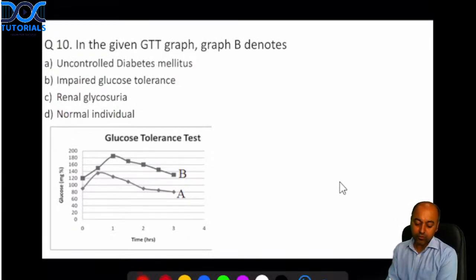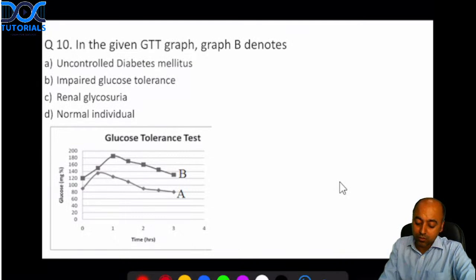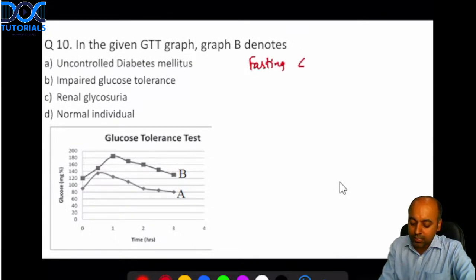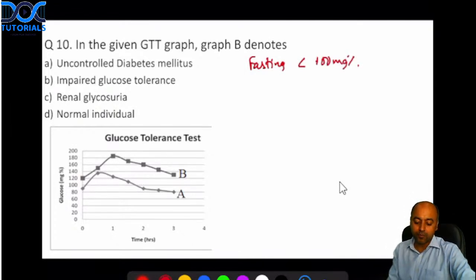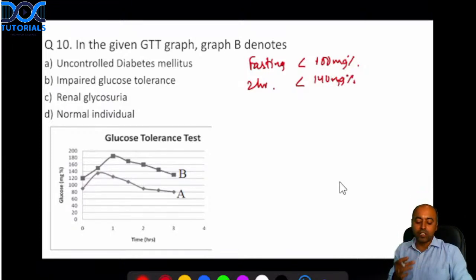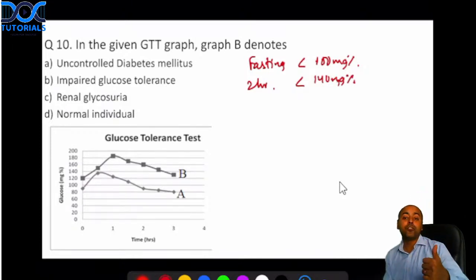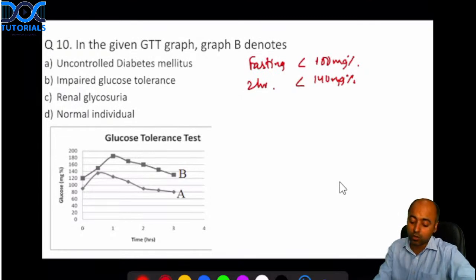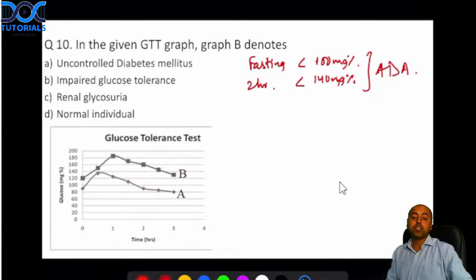For a normal individual, you should know the values: the fasting value is less than 100 milligram percent, and the 2-hour value should be less than 140 milligram percent. So you can look at these two values and quickly find out whether the individual is normal or not. This is as per the ADA.